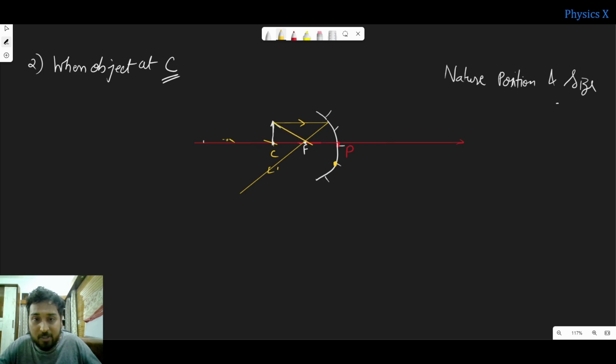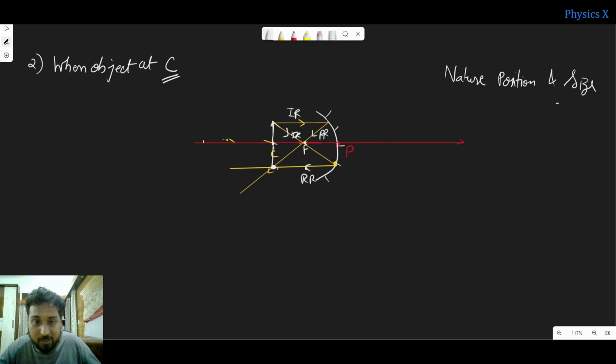And if the incident ray is passing through this focus point, it will actually cut at this point, which is the center of curvature. This is the top of the image now, because this was your incident ray, this is your reflected ray, and this was your incident ray, and this is now the reflected ray.